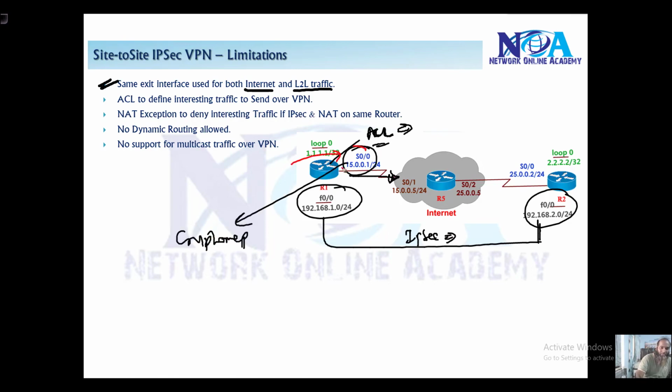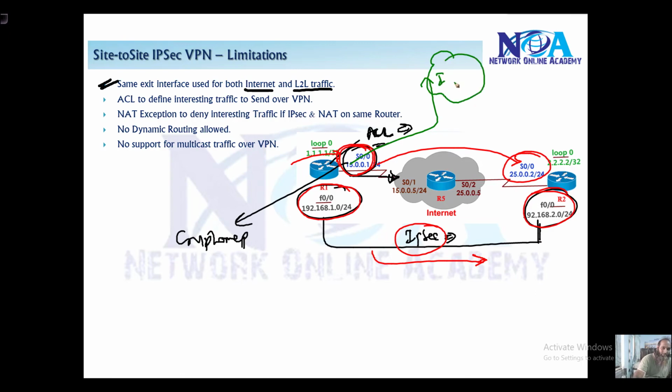So whenever traffic hits this interface, it's going to check if the source and destination match, then it's going to apply the IPSec and send it to this peer, and if not, then it's going to send it out to the internet without applying the IPSec.